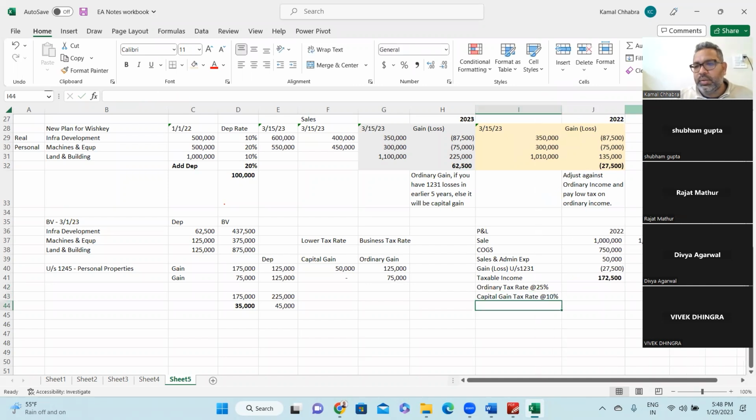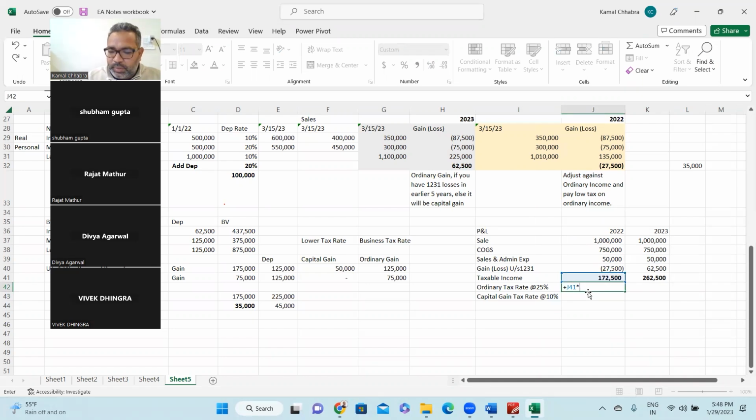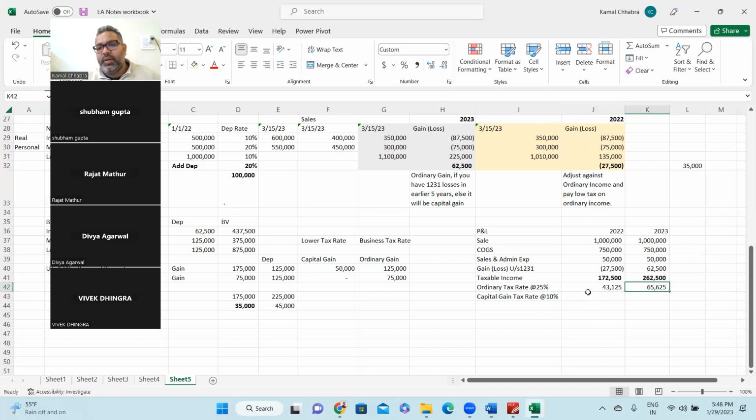So in the previous year, the financial year 2022, how much tax did you pay? This multiplied by 25%. Yes, sir. And how much tax will you be paying in the current year?